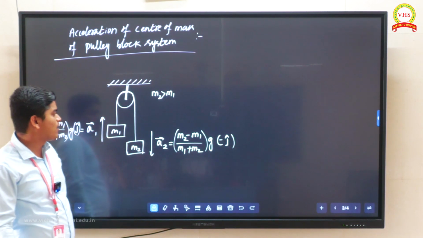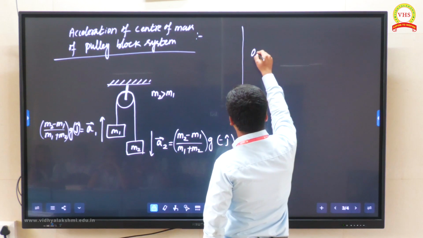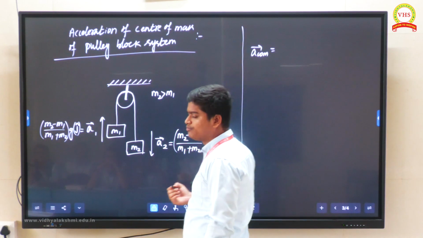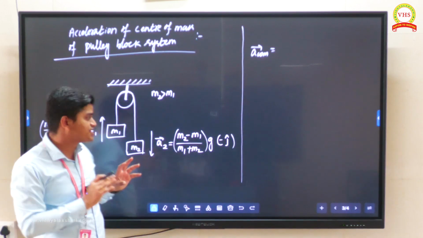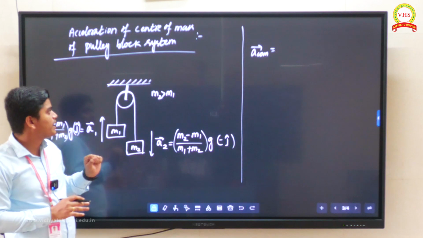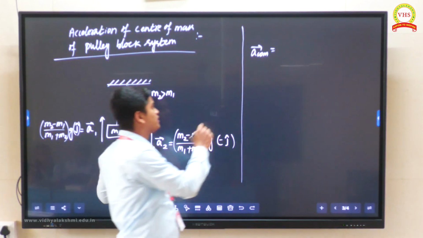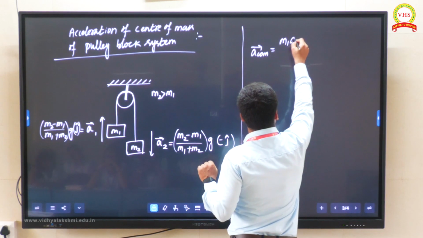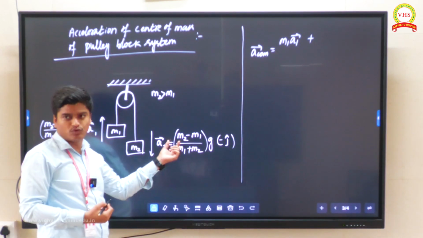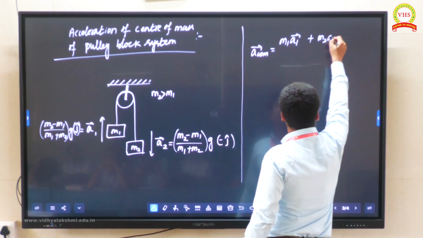Now what formula do we know for the acceleration of center of mass? If a discrete mass system is there, meaning individual masses, suppose mass M1 has acceleration A1. So I'll write M1 A1 vector plus, similarly M2 A2 vector.